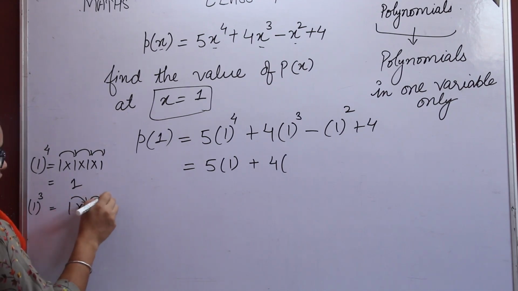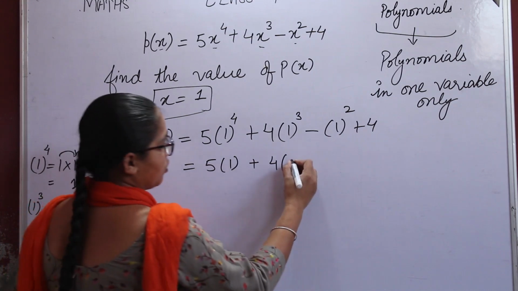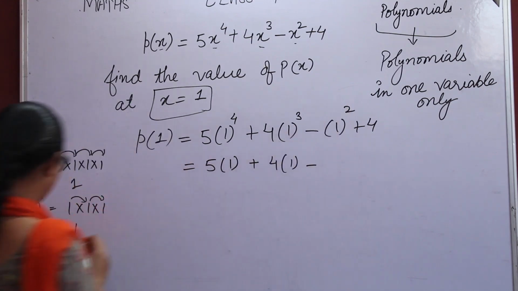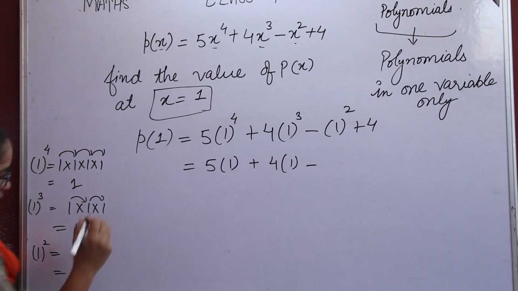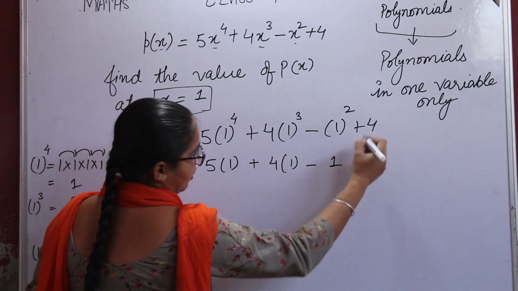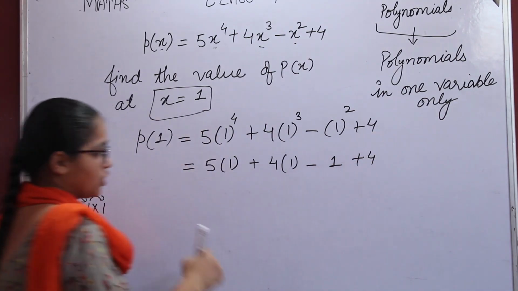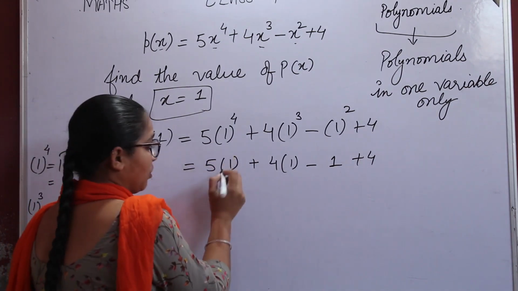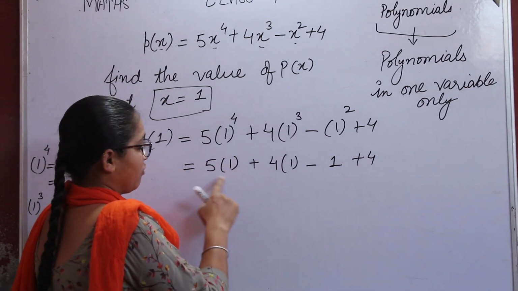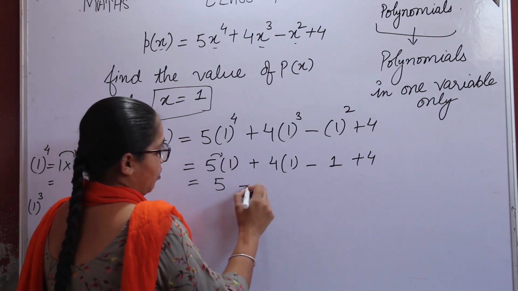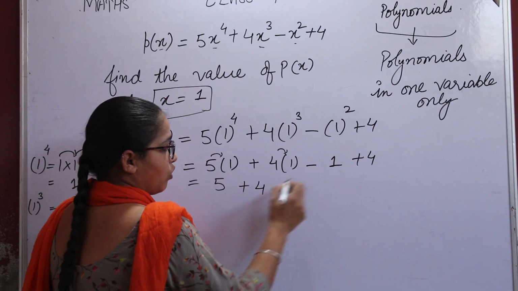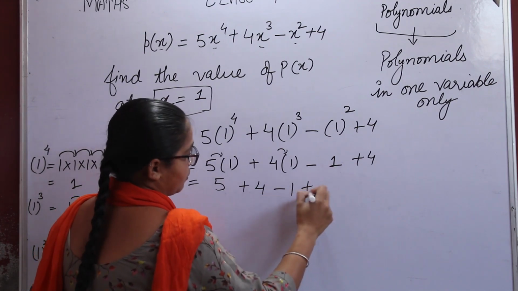So 1 ones are 1, 1 ones are 1. So minus 1 raised to power 2 means multiply 1 two times. So 1 ones are 1. So 1 plus 4. So now remove the brackets. Bracket means multiplication, so 5 and 1 we have to multiply. So 5 ones are 5 plus 4 ones are 4 minus 1 plus 4 as it is.